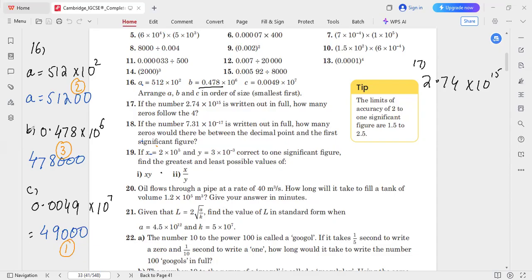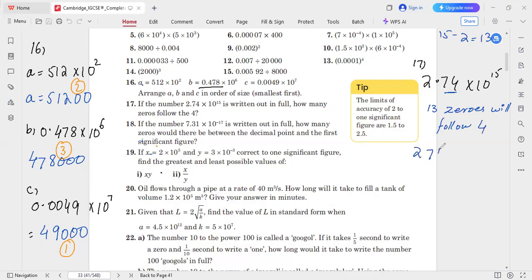So students, over here we already have two numbers after the decimal point, and the power is 15. As two numbers have already been given after the decimal point, you need to skip two. It means that 13 zeros will follow after 4. How?